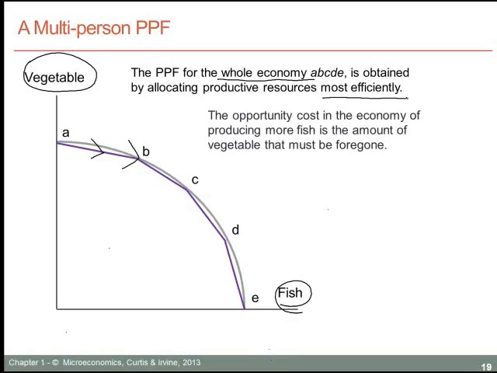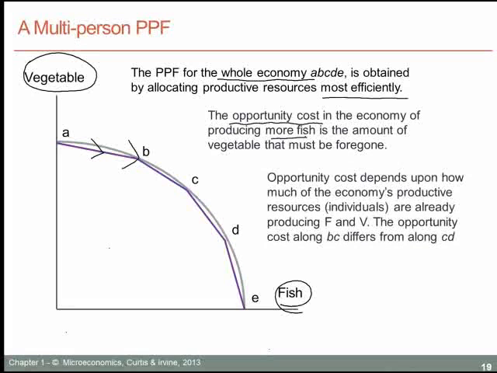So what we can say is that the opportunity cost in the economy of producing more fish, given that it is the amount of vegetable that we must give up, becomes larger and larger. The opportunity cost of producing more fish depends upon exactly where we are on the production possibility frontier.